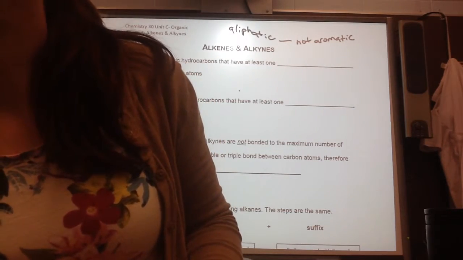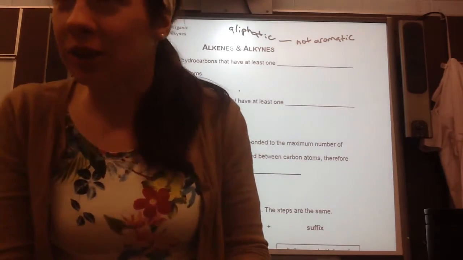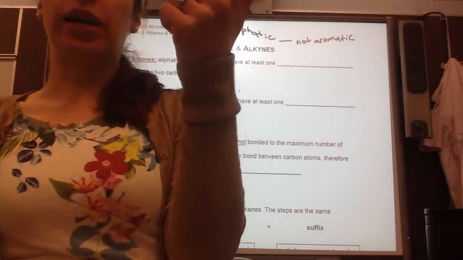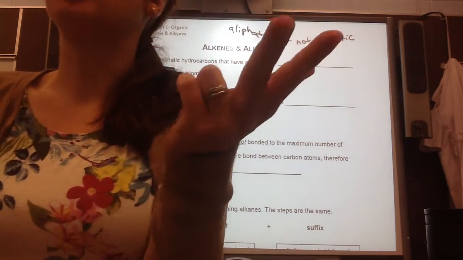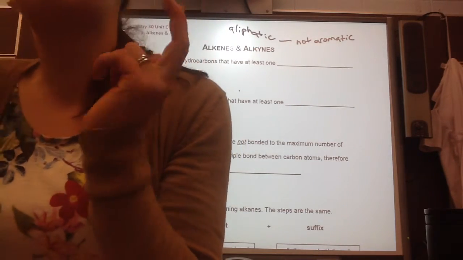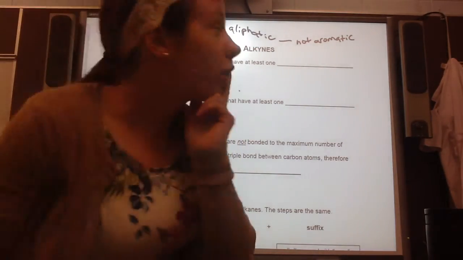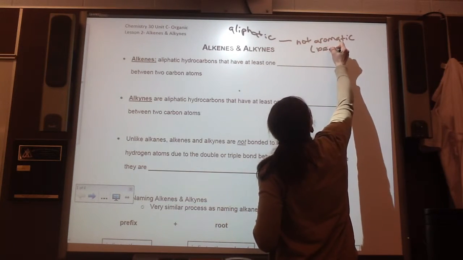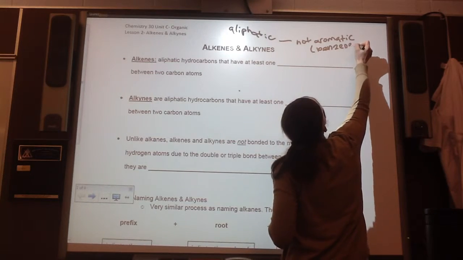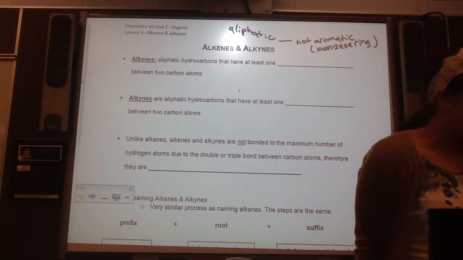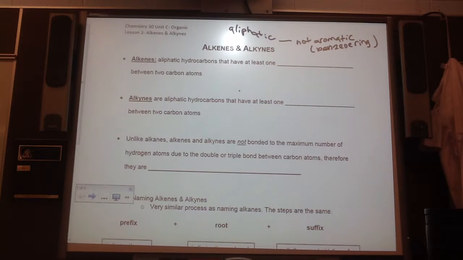What's aromatic? Yesterday was alkanes, today is alkenes and alkynes, and tomorrow is aromatics. I won't get into everything about what an aromatic is, but an aromatic has a benzene ring. You don't know what that means either, so I can show you.